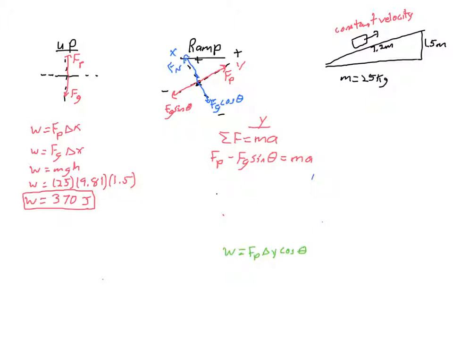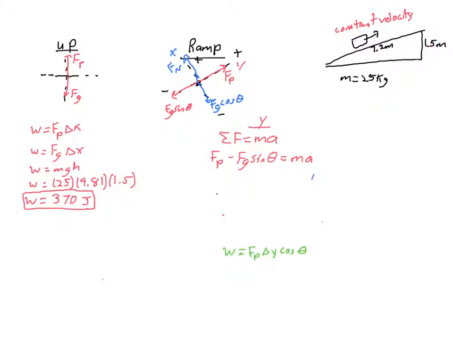But here's the point. Whenever you're going straight up, work is force times displacement cosine theta, but the cosine theta drops off because there is no angle between them. This was like the first problem that we did, right? And so that completely drops off. Cosine of 0 is 1. So now the force of push is the same thing as the force of gravity times delta x, or here I should say delta y, right?